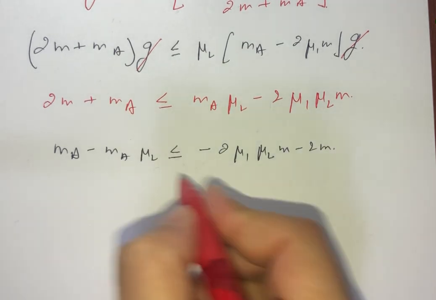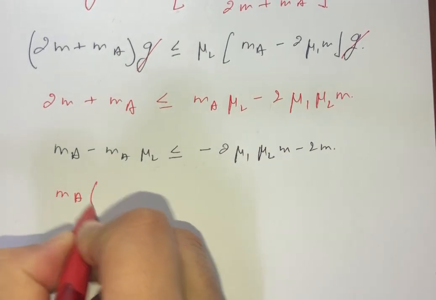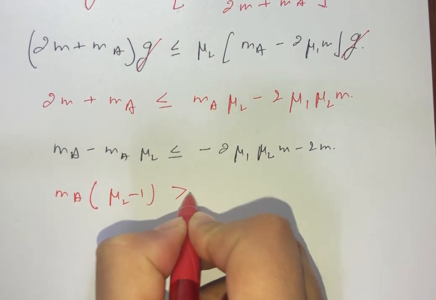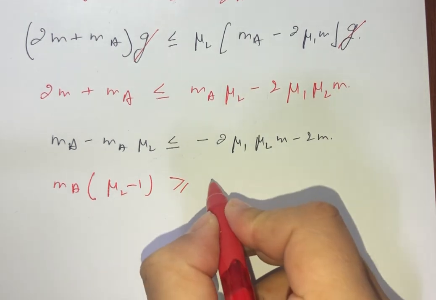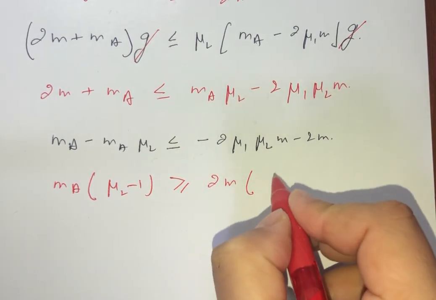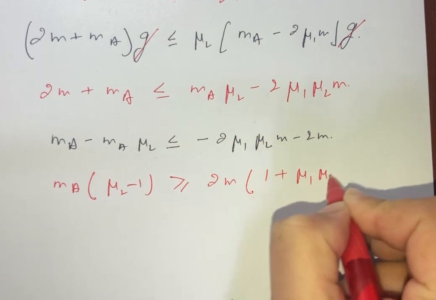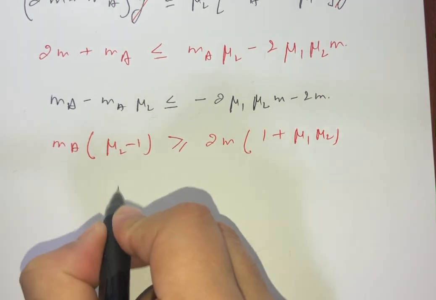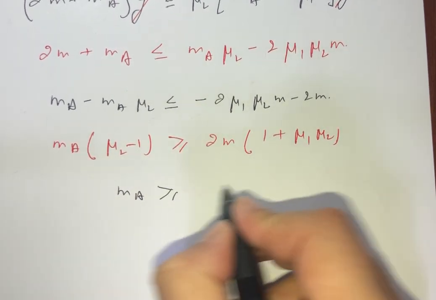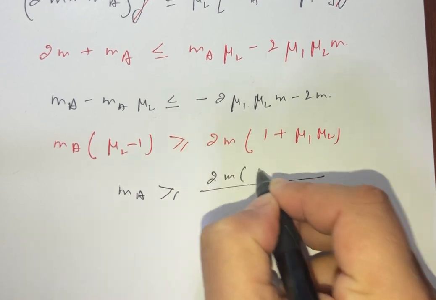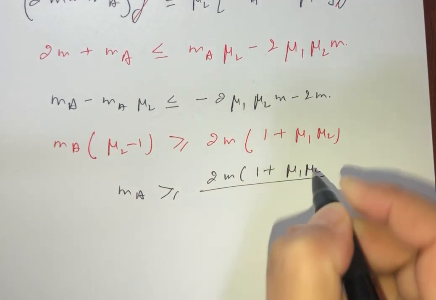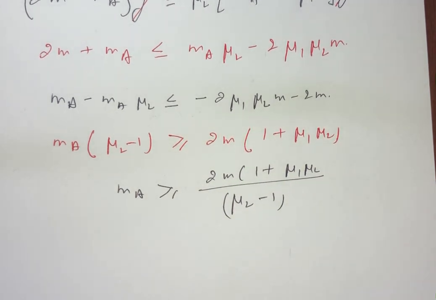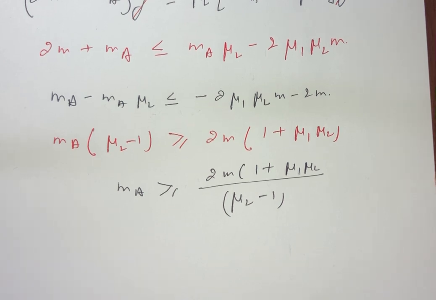So we can write this as MA into mu2 minus 1 greater than or equal to, taking 2m as common, we get this as 1 plus mu1 mu2. So we get MA is greater than or equal to 2m into 1 plus mu1 mu2 divided by mu2 minus 1. And we are supposed to find out the minimum value of the mass MA.